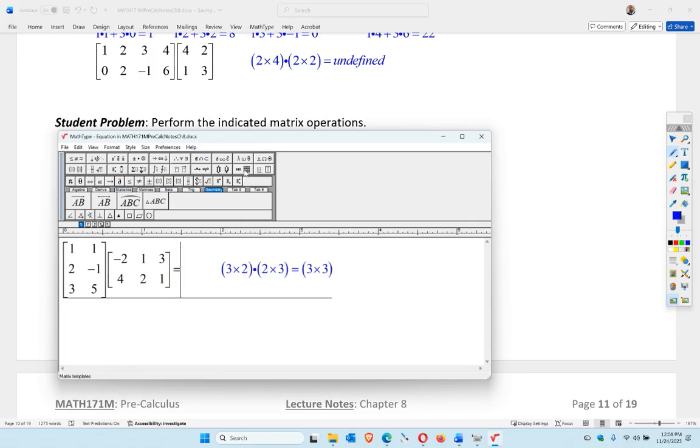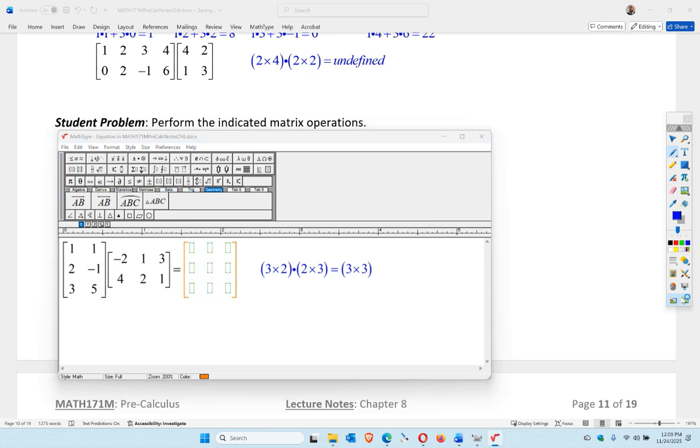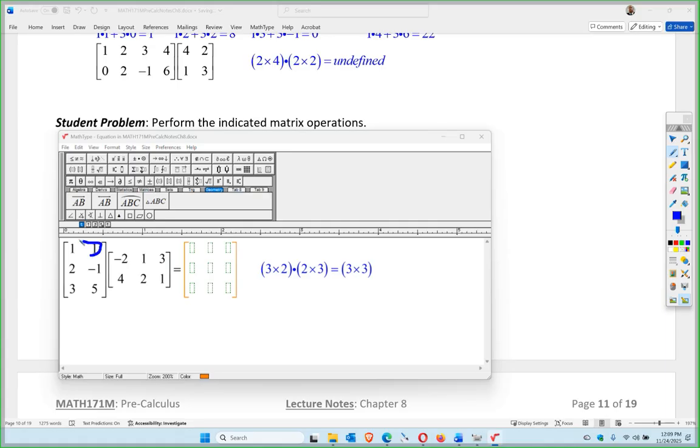So I'll make a box. No, we need a box. And 3 by 3. Format, color, orange. Let's see if we can do this in our head this time. Okay. So this one times this one, right?